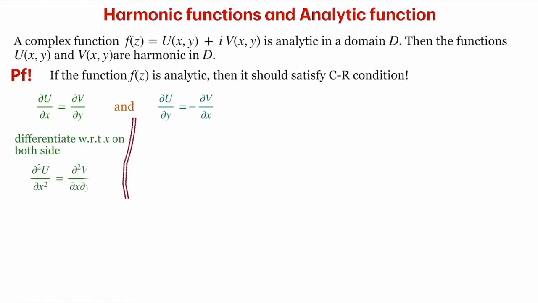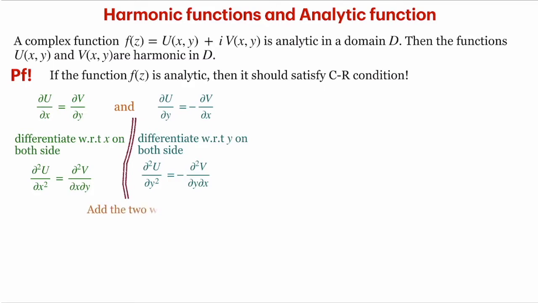Let's differentiate the first equation with respect to x. Then we get del square u by del x square must be equal to del square v by del x del y. On the other side, we differentiate the second equation with respect to y on both sides. Then we get del square u by del y square must be equal to minus del square v by del y del x.